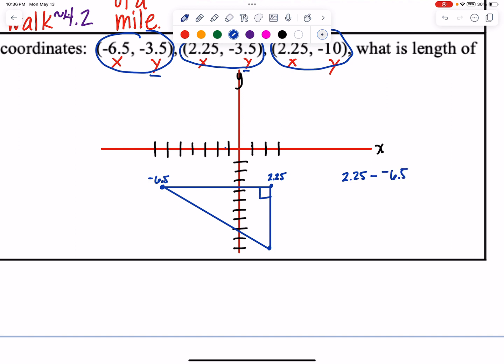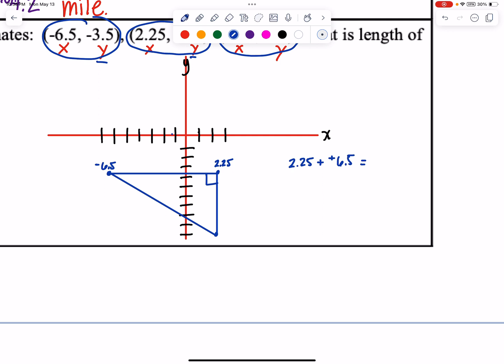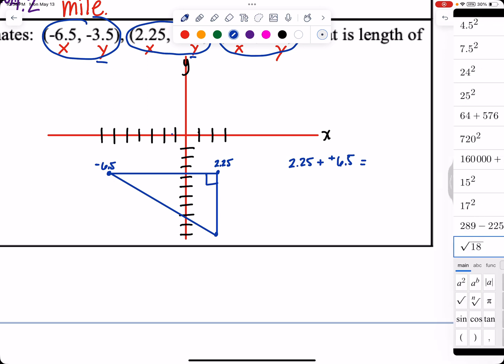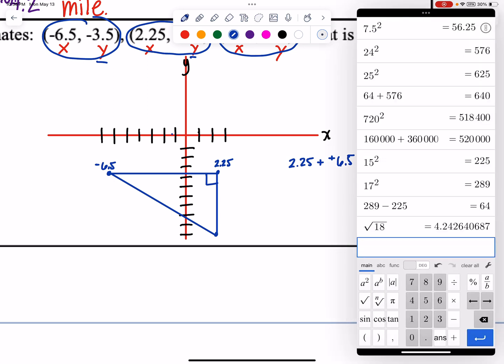That's how we find difference, right? And I can keep change flip that, and it's going to tell me my total distance. So 6.5 plus 2.25, 6, 7, 8.75. Anything with decimals, it's always good to just double check. So 2.25 minus a negative 6.5, same thing, is 8.75.